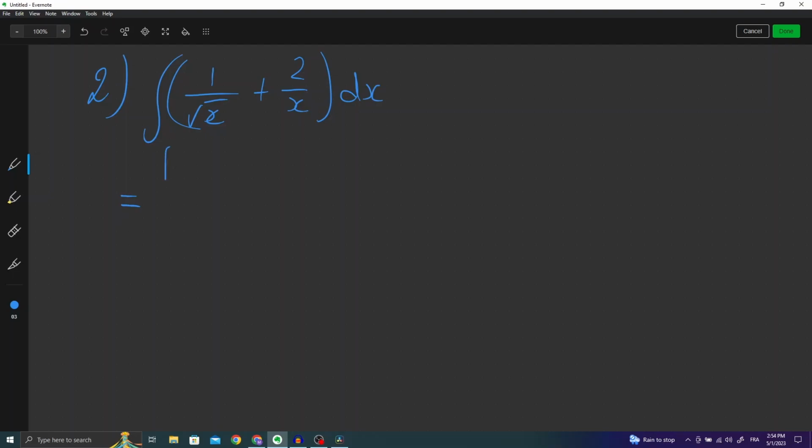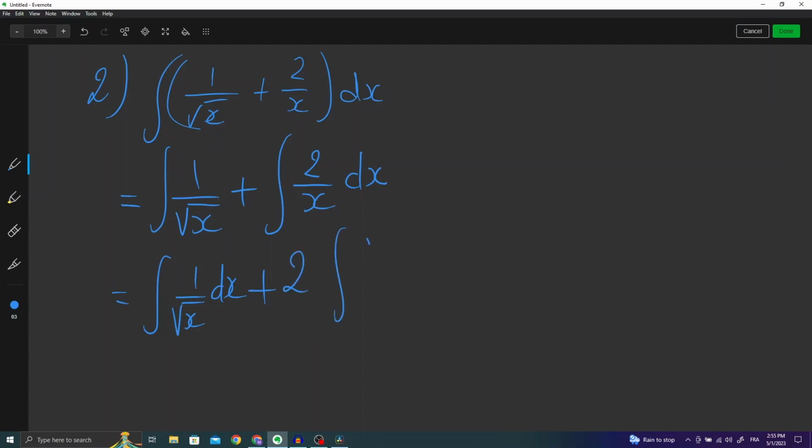The same in this second question, we will use linearity. We get the integral of 1 over square root of x plus the integral of 2 over x dx. As you can see here, this is 2 multiplied by 1 over x. I can pull this 2 outside the integral. I get the integral of 1 over square root of x dx plus 2 times the integral of 1 over x dx.